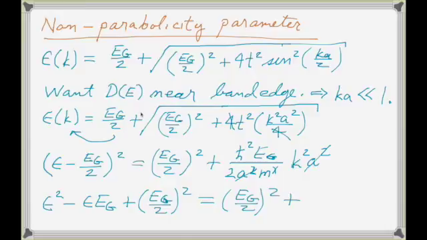And this last term now looks kind of familiar: h bar squared k squared over 2m star times the band gap. And so these two terms cancel, and then I just divide through by the band gap.